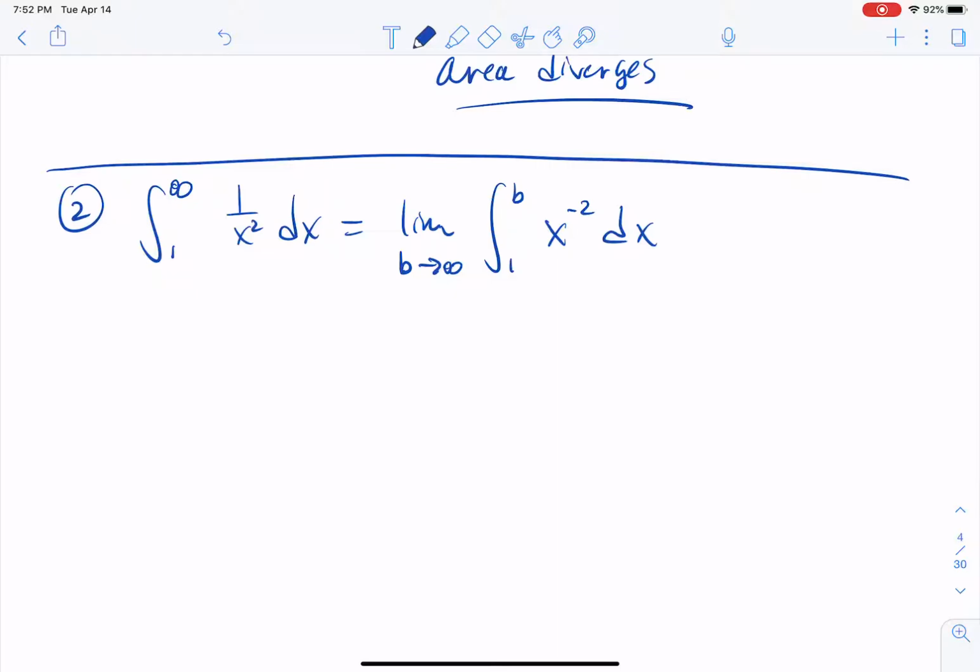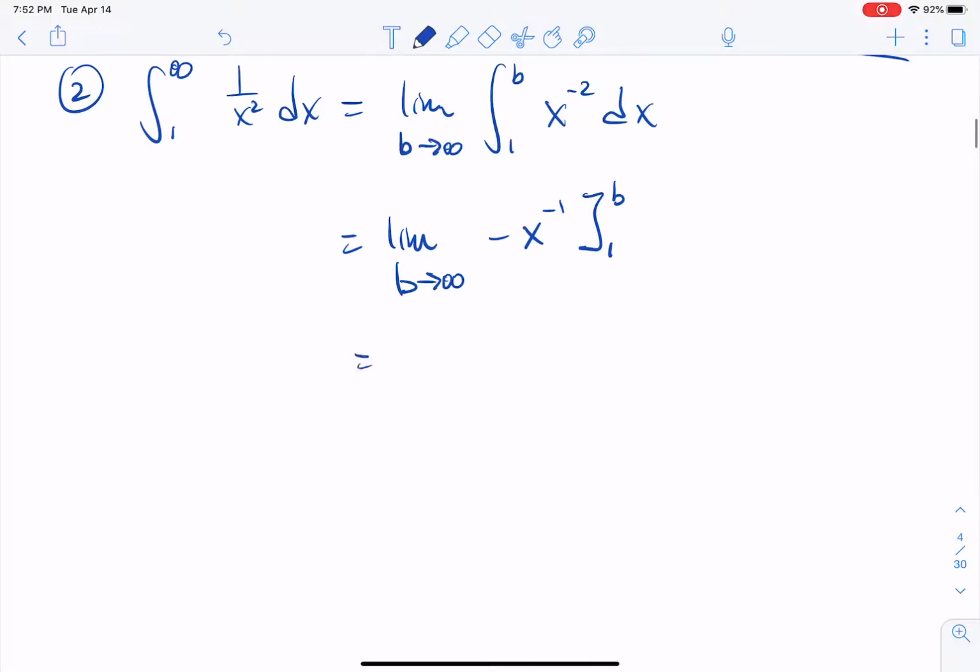So this time, of course, we'll use the power rule on it. Limit as b goes to infinity of x to the negative 1 power divided by negative 1 from 1 to b. Maybe go ahead and rewrite that as negative 1 over x, evaluating that from 1 to b.